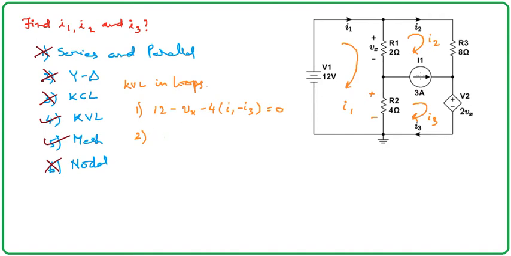The current source I2 is in opposition with this I1, and I3 is in support with this I1. So we can say that the 3 ampere current I1 is equal to I3 minus I2. So this is one equation, and no need to worry about any other equations. We will see how best we can solve this.